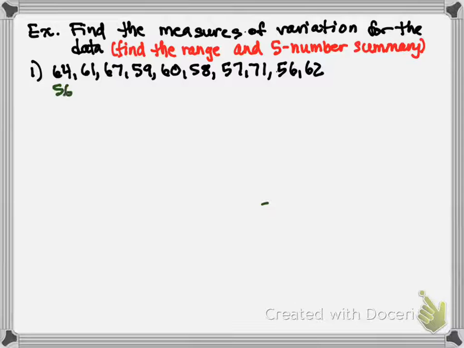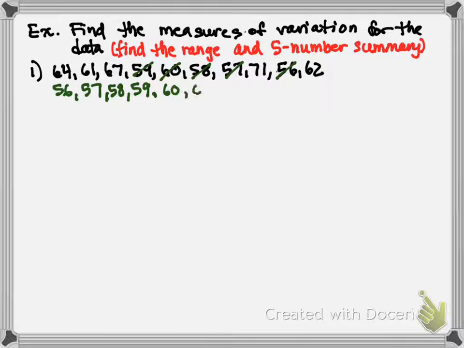So we'll start with 56, and then 57, and then 58. And see what I'm doing? I'm trying to line up the numbers so that I don't drop anything off. Okay, next I'm going to go to 60s. So we'll start with 60. Funny how those two lined up.